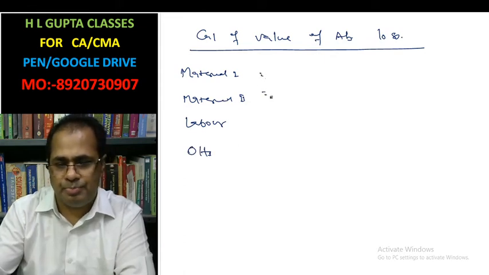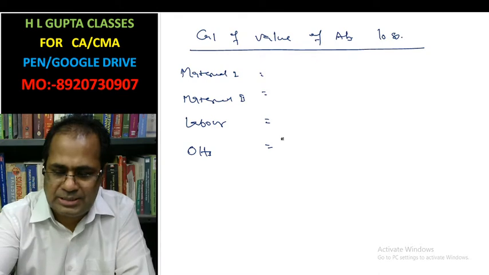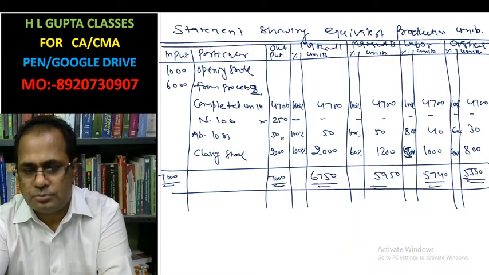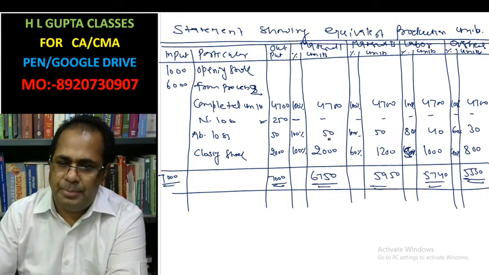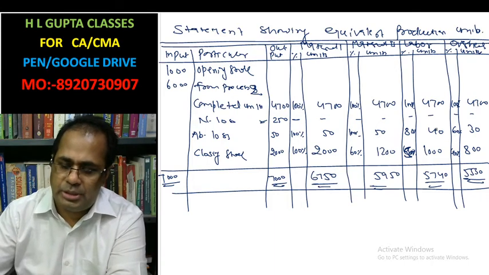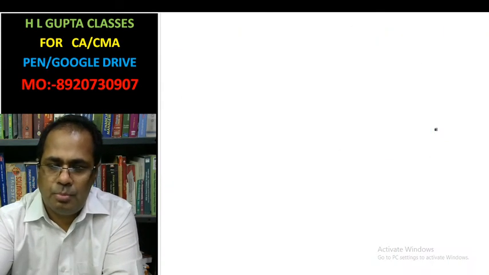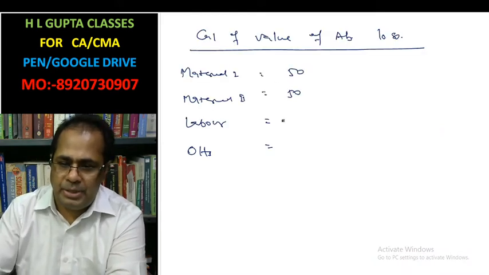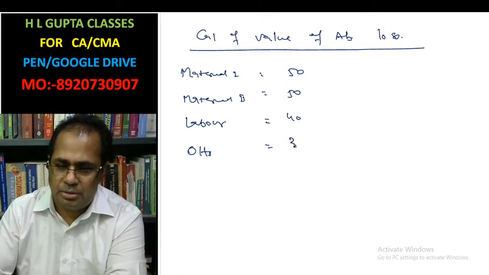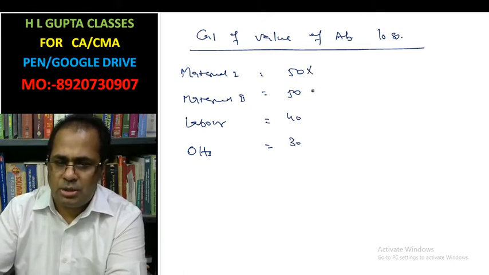Look at it. In the completion stage you have to find here abnormal loss. Material first is 50, material second is 50, 40, 30. What is the cost per unit of these?